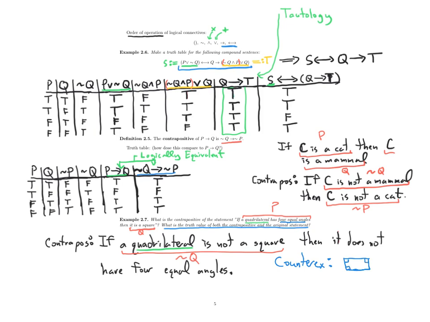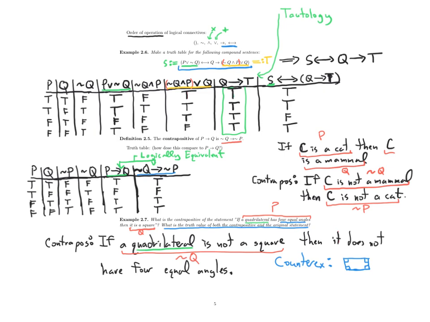So rectangles have 4 equal angles, 90 degrees, but it's not a square. And that's this situation here, where the if part is true and the then part is false. So it's a quadrilateral that has 4 equal angles, so the if part is true, but it is not a square, so the then part is false. So we found a counterexample to this if-then statement.